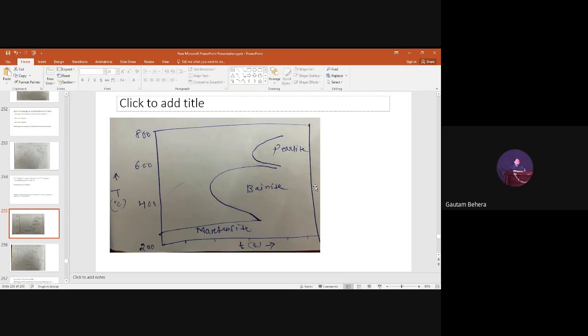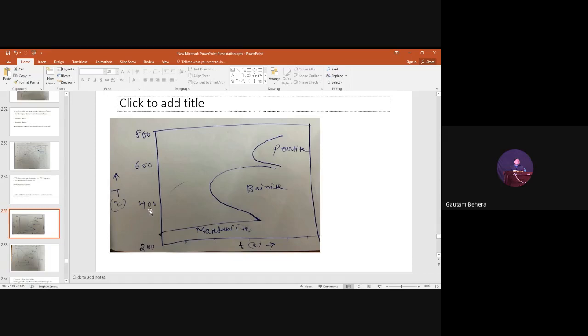In the second case, we have seen two bays, both the pearlitic bay and the bainitic bay present. In another TTT curve, only the pearlitic bay is present and the bainitic bay is absent. In another, we have only the bainitic bay, but the pearlitic bay is absent.